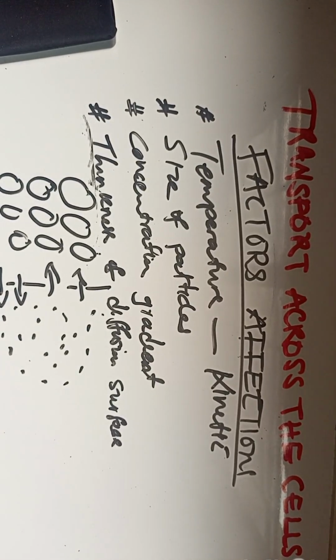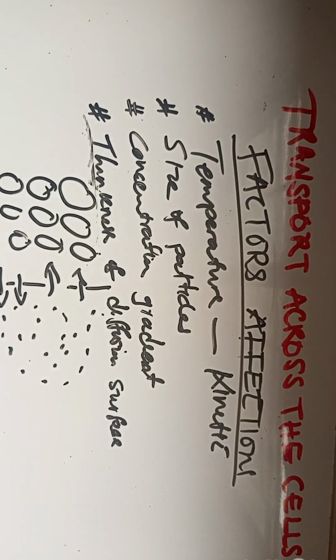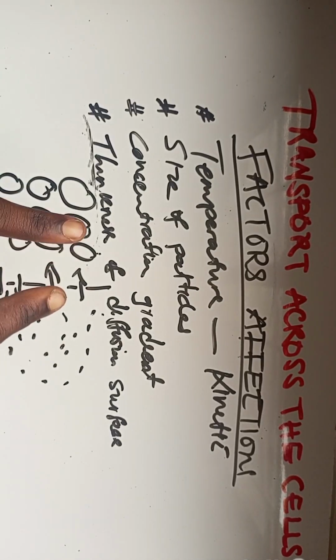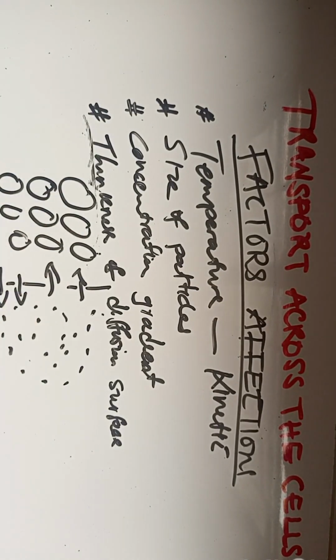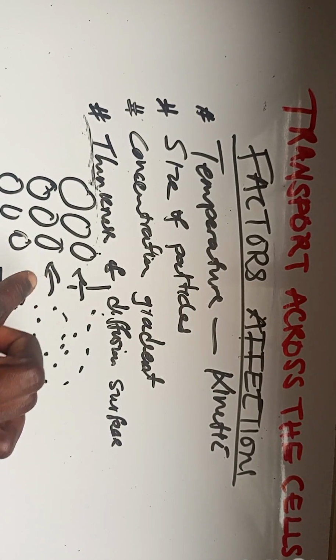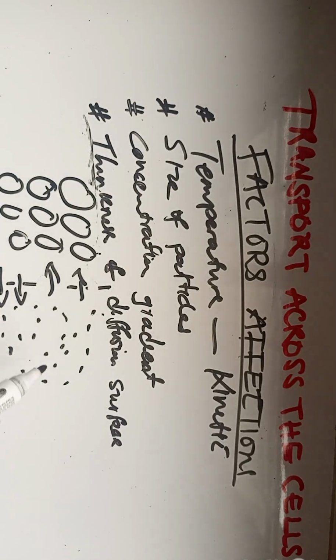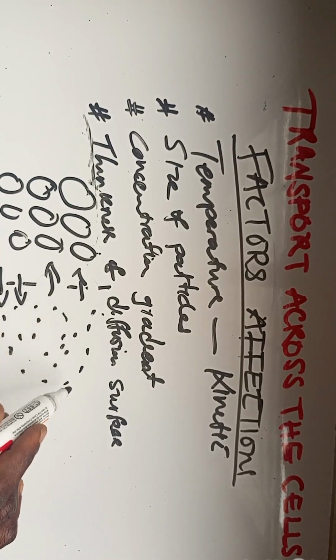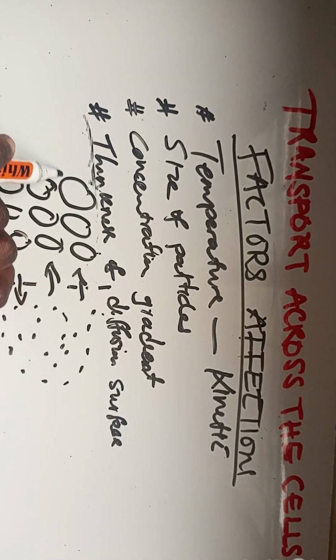So meaning, here pay attention so that you may listen to what I'm trying to elaborate. Because these smaller particles here are more concentrated than this side, you find that these particles will move at a faster rate to this part where they are not concentrated.